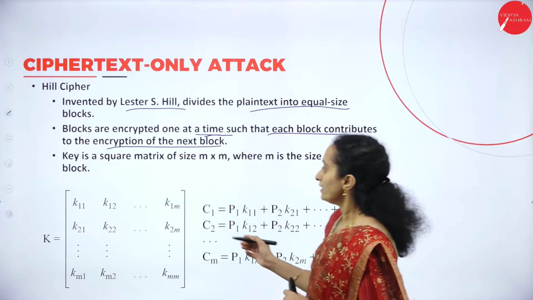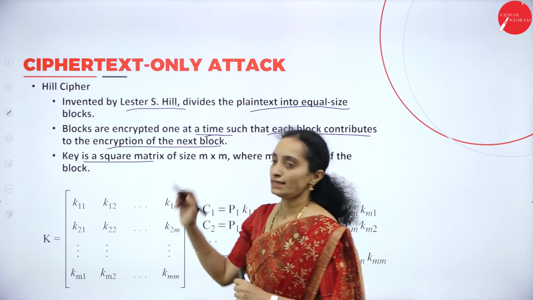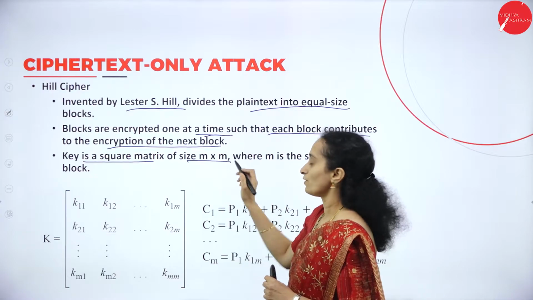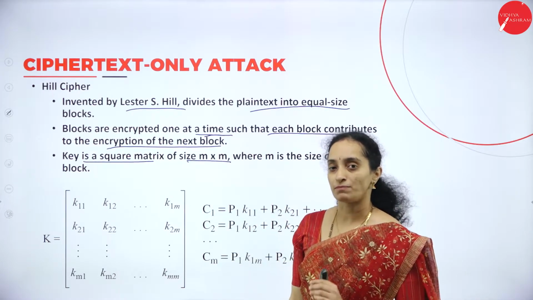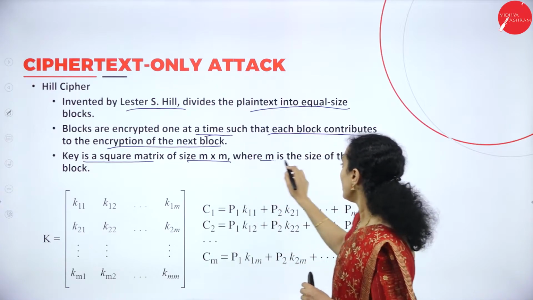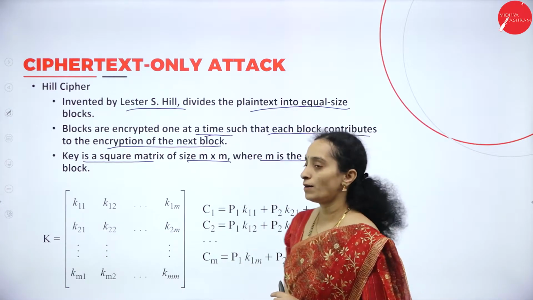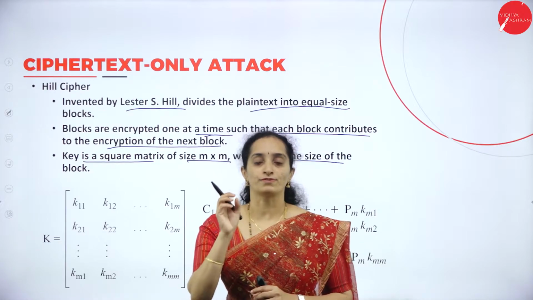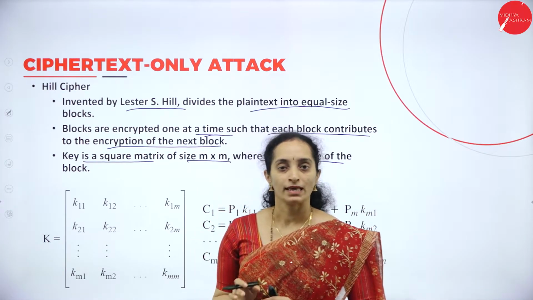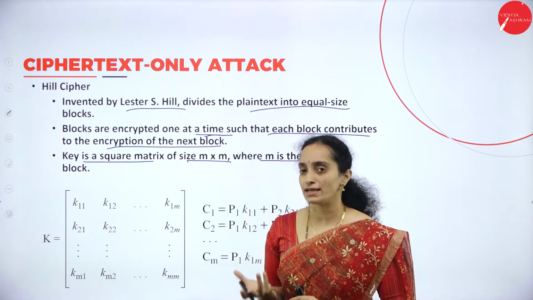Here the key is considered as a square matrix which is of size m into m, or m into n, you can take row into column, where m is the size of the block. What is the size of the key that you can consider for a Hill cipher? It may be any size.